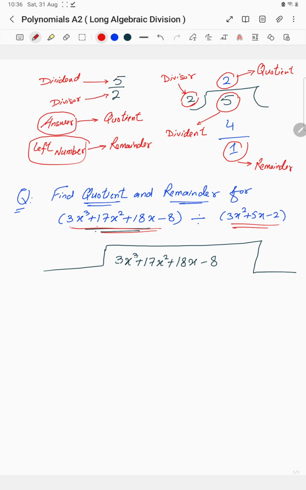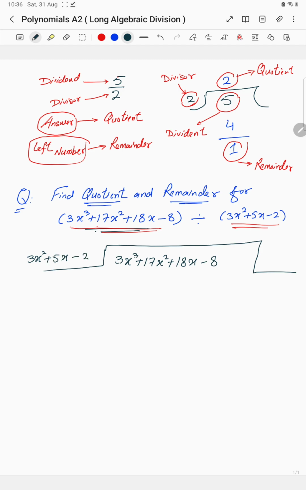I'm stressing descending order of the polynomials. The cube term is first, then the square term, then the x term, and the constant. Always make sure before you start your division that the two are written in descending order.